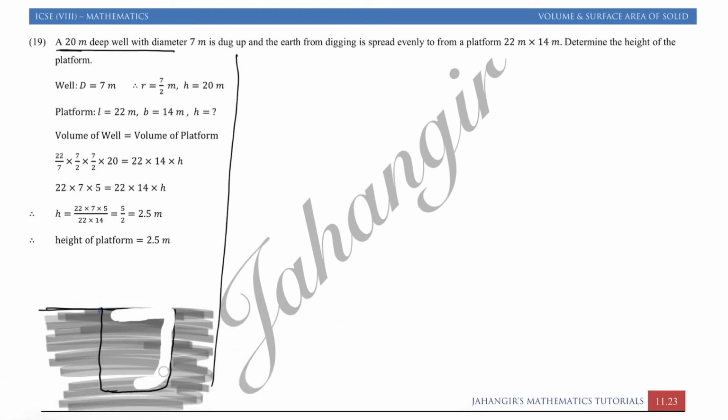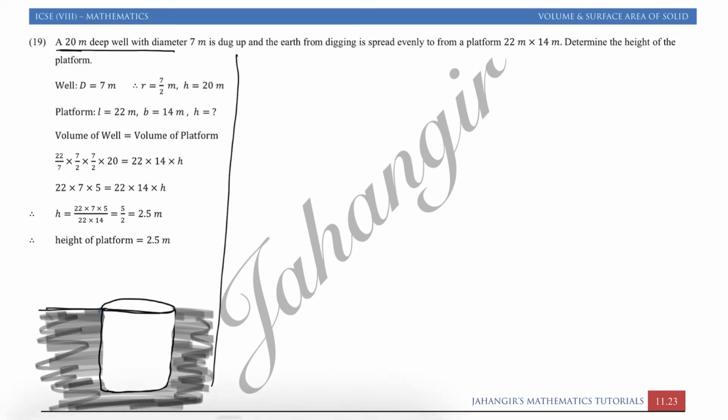Removing the mud. This mud is removed and it is placed in the form of embankment. It is placed in the form of, this is a cylinder which is circular shape. Mud from this is placed in the form of platform.